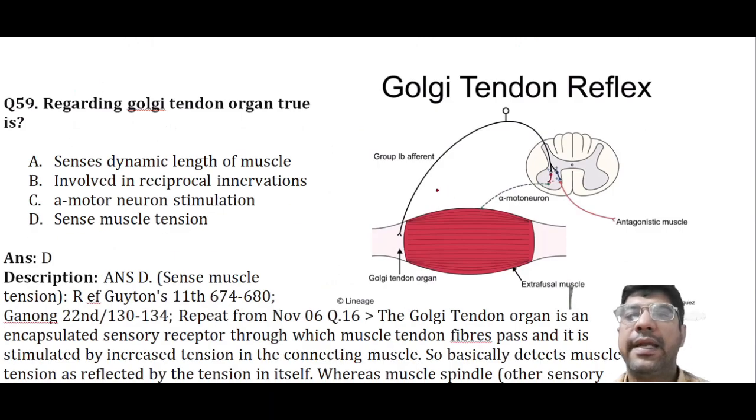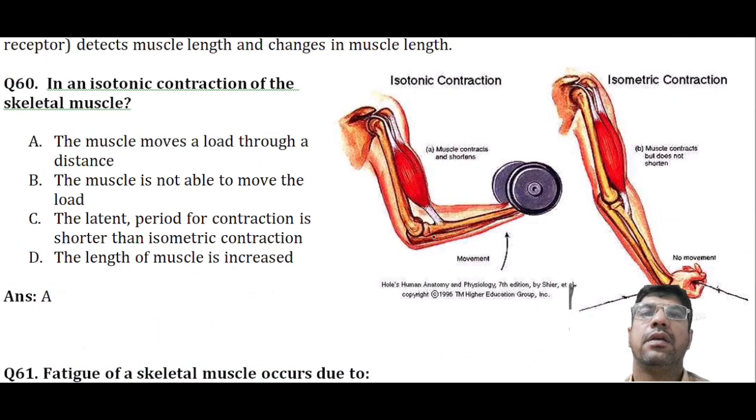The Golgi tendon organs, we discussed already, sense the muscle tension, and muscle length is sensed by the muscle spindles. In an isotonic contraction of muscle, the muscle moves a load through a distance.